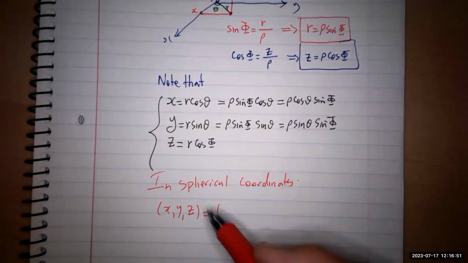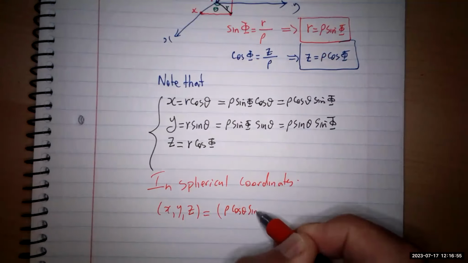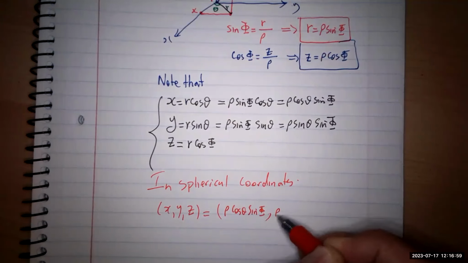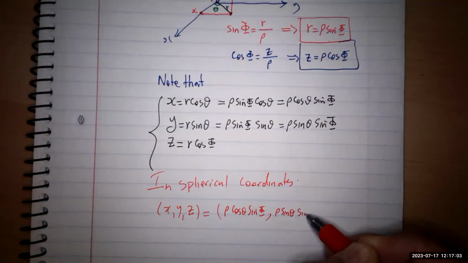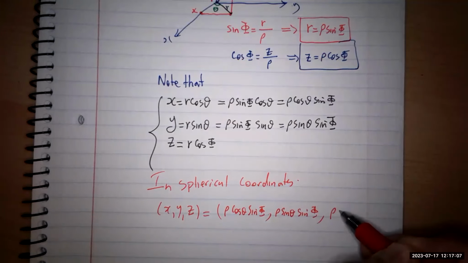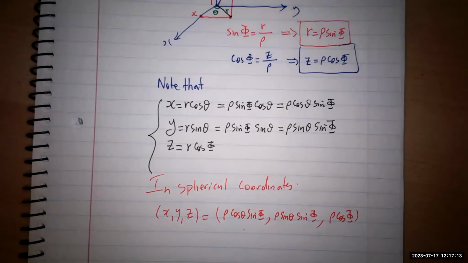That's going to be rho cosine of the theta, sine of the phi. Then we get rho sine of the theta, sine of the phi, but the z is fixed, it's rho cosine of the phi. So for the first two, you have the sine, but for the last one, you have the cosine. This would be spherical coordinates.